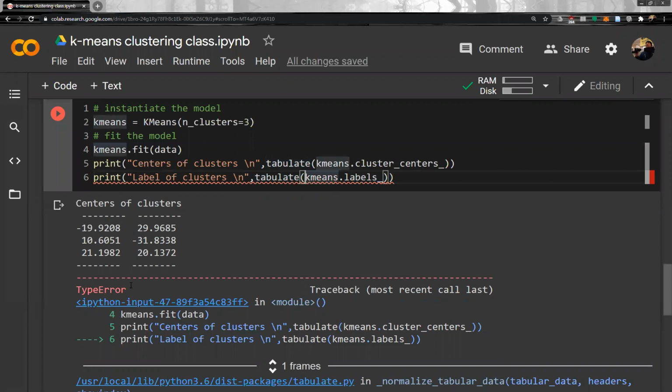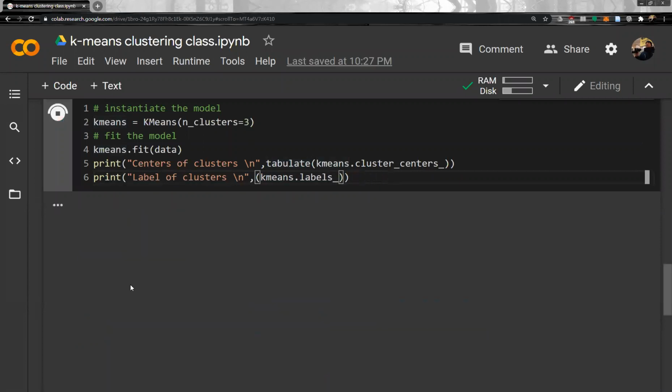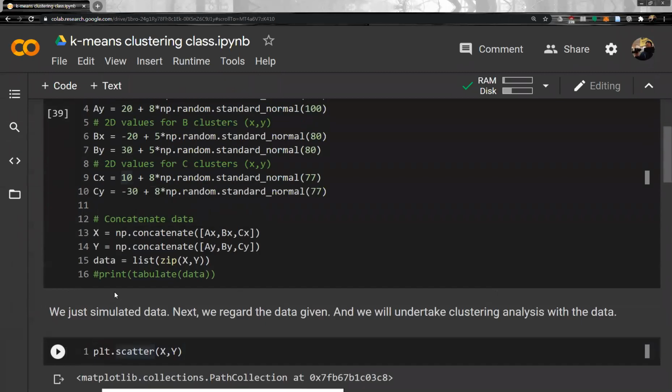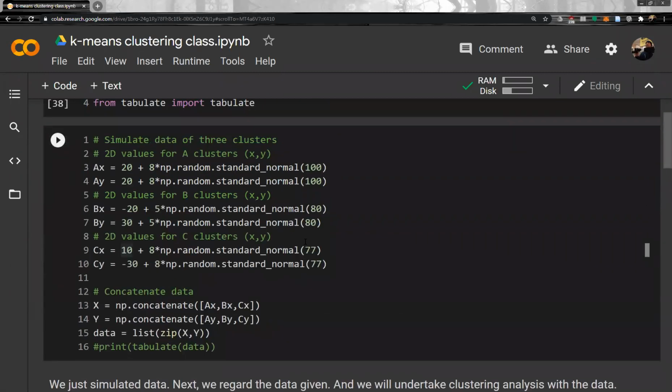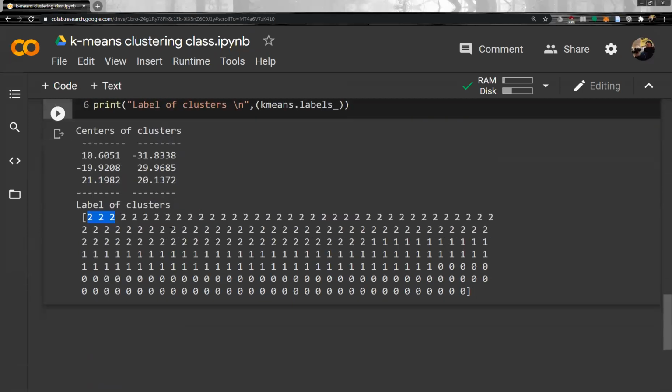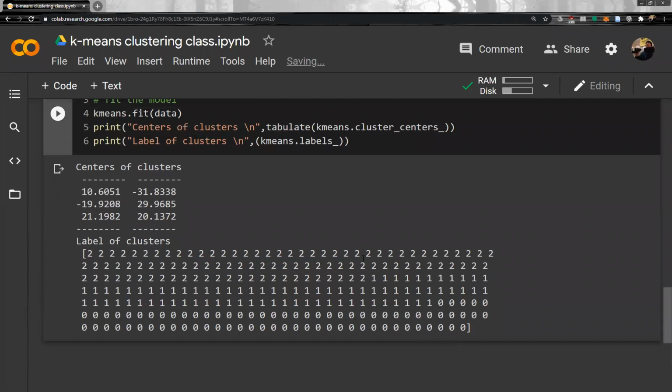Let me delete tabulate. Okay, so we have the labels of clusters. We have 257 data points, and for each data point we have a cluster: this is the second cluster, the first cluster and the zero cluster. So we have labels of clusters.